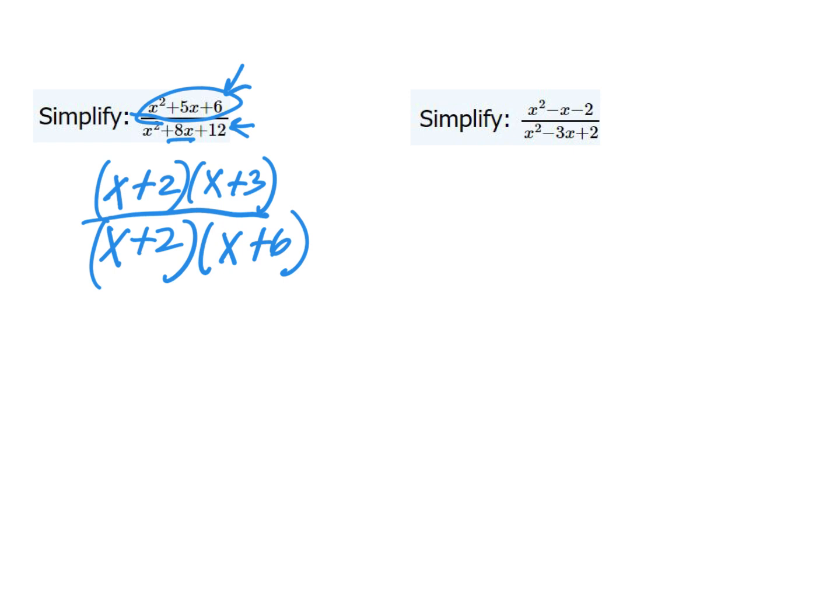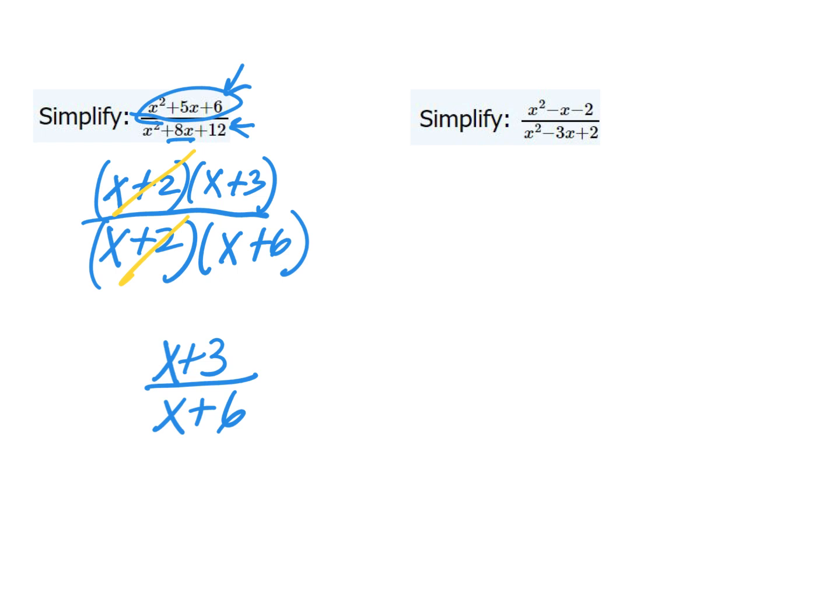And so what we see is that our x plus 2 and x plus 6 can cancel out. And so in the numerator, we're left with the expression x plus 3. In the denominator, we are left with the expression x plus 6. Please keep in mind that these are expressions, they are grouped together, and so therefore we cannot cancel like the x with the x here and then be left with 3/6 or 1/2, okay?